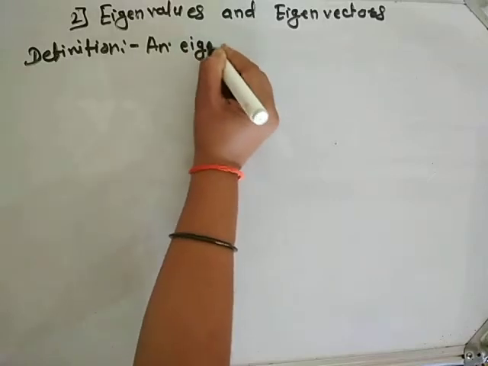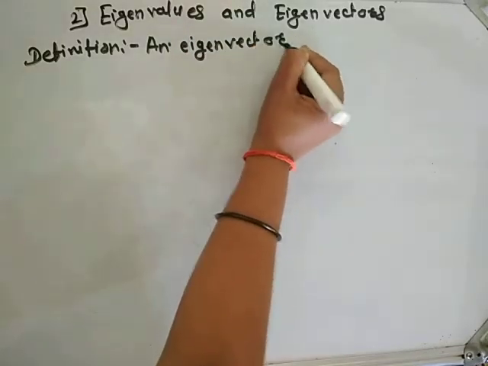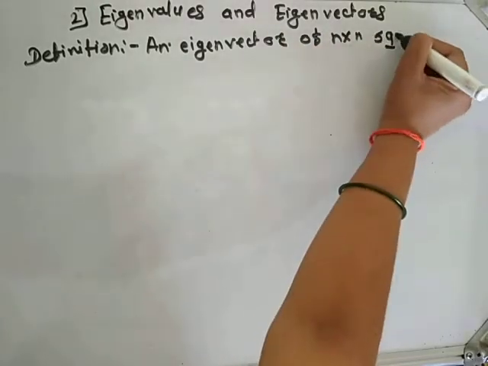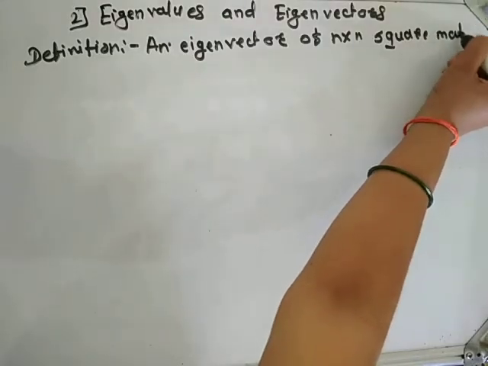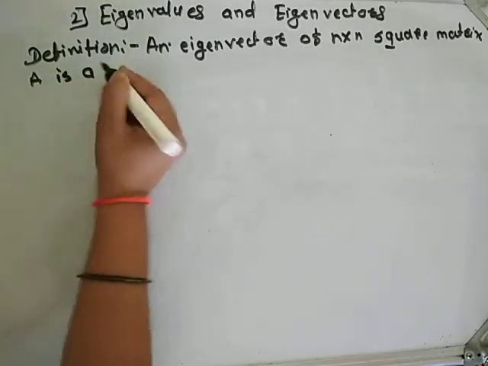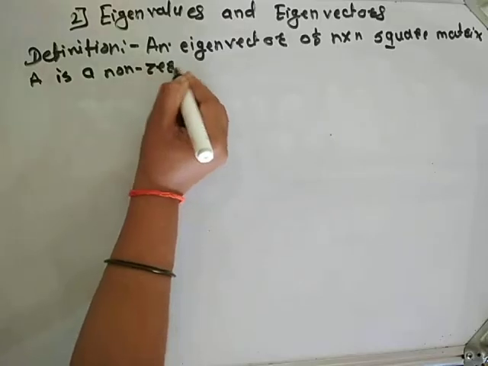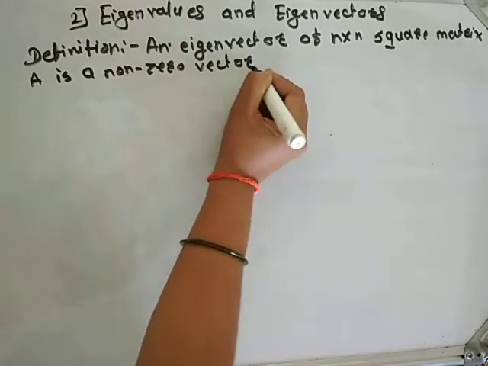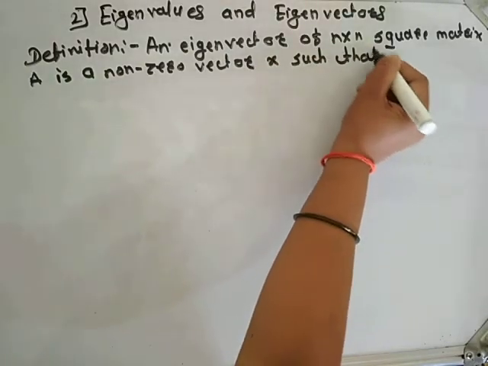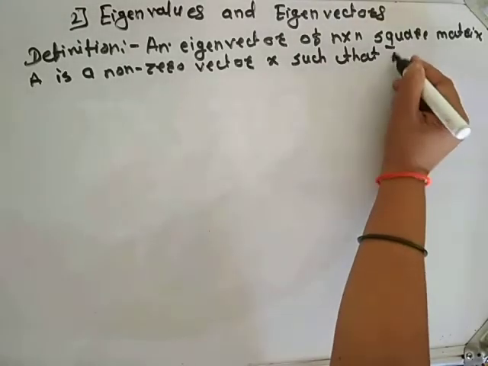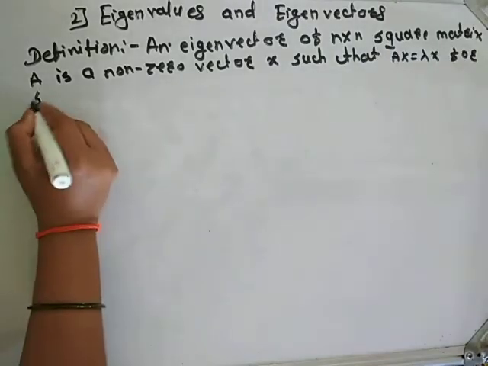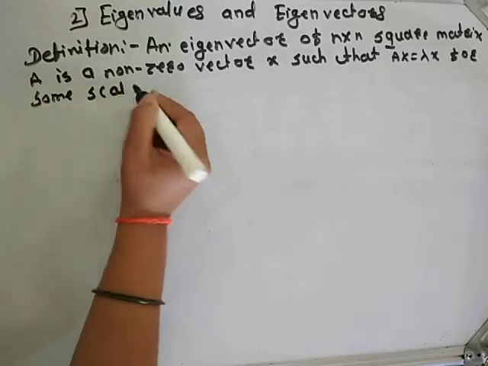An eigenvector of an n by n square matrix A is a non-zero vector x such that Ax = lambda x for some scalar lambda.